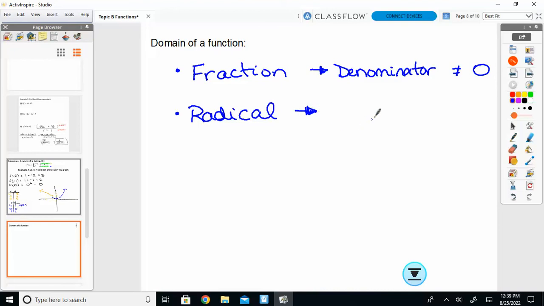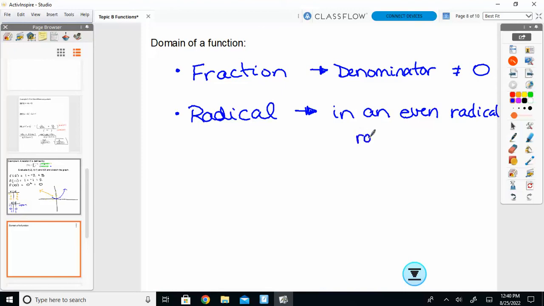Okay, radicals. It's only certain ones. It's the even radicals. So like square root, fourth root, sixth root, so on. What can't happen?